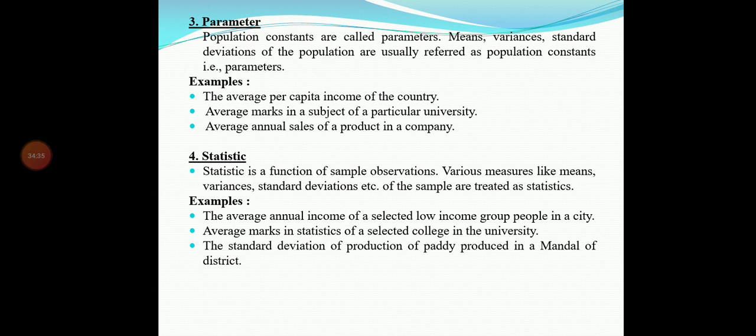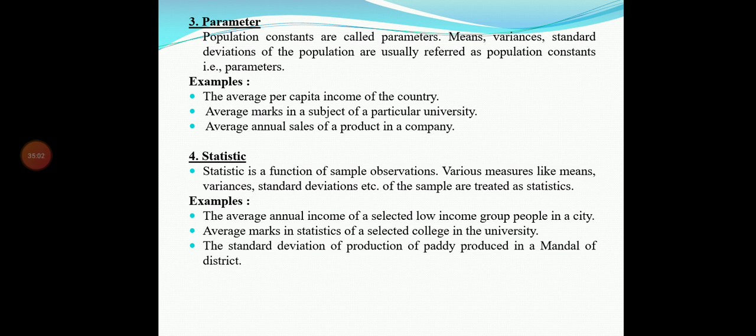Here I should specify what is the population parameter and what is the statistic. The parameter is the average marks of the university. Simply I am specifying, the statistic is the average marks of a particular college.